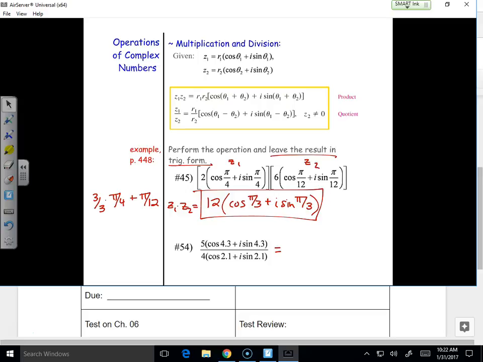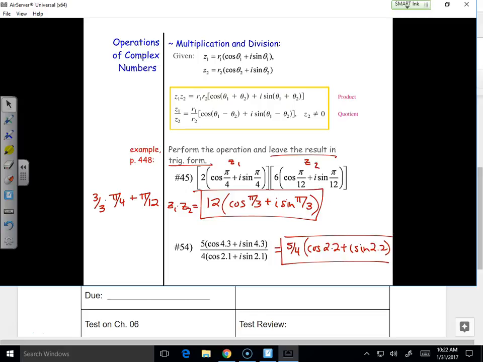How about the next one? Division, what do we do with the r's? Divide the r's, subtract the thetas. Let's leave it in trig form, that's done.